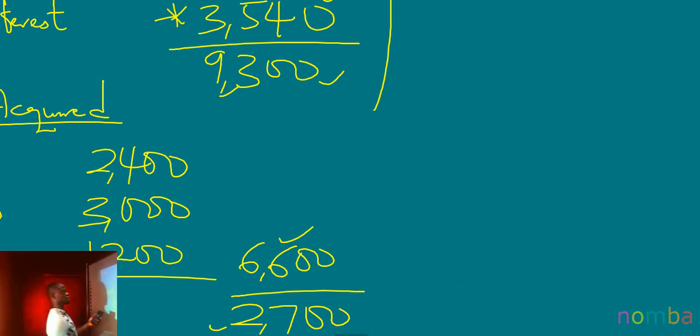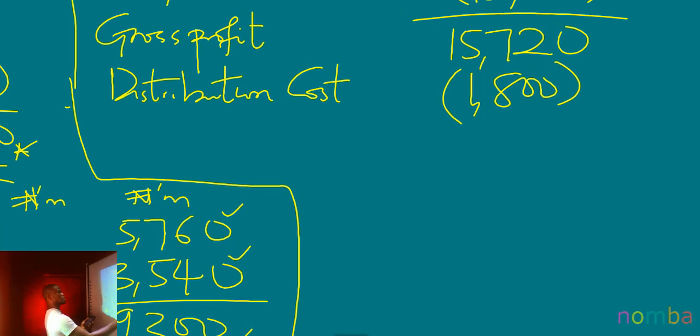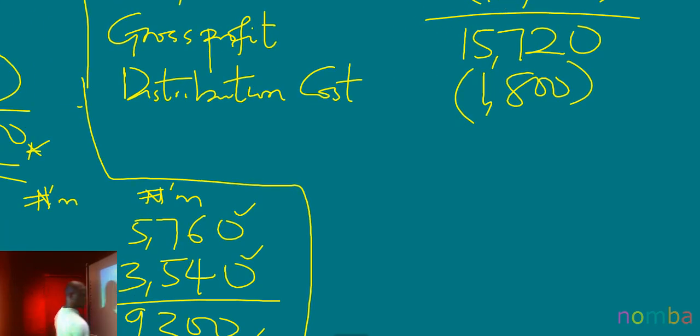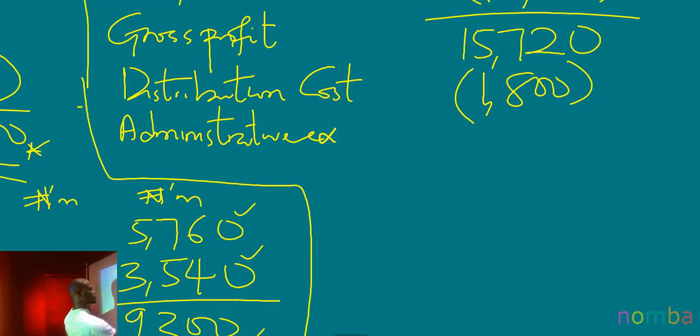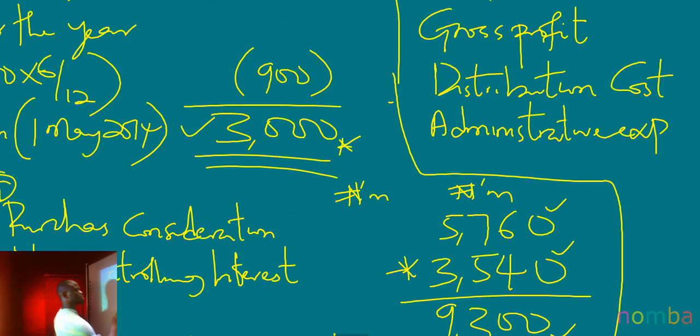If I add 120 million, I will get 4,680. So let me have my administrative expenses. And that was 4,680. So let me go back to the question and pick the next amount.